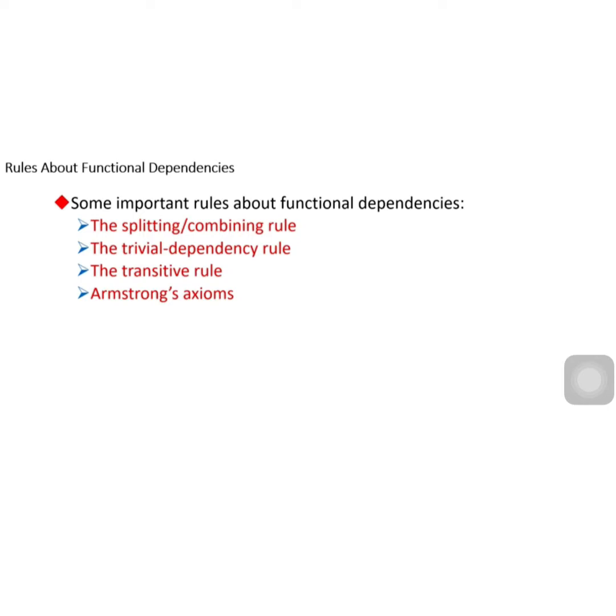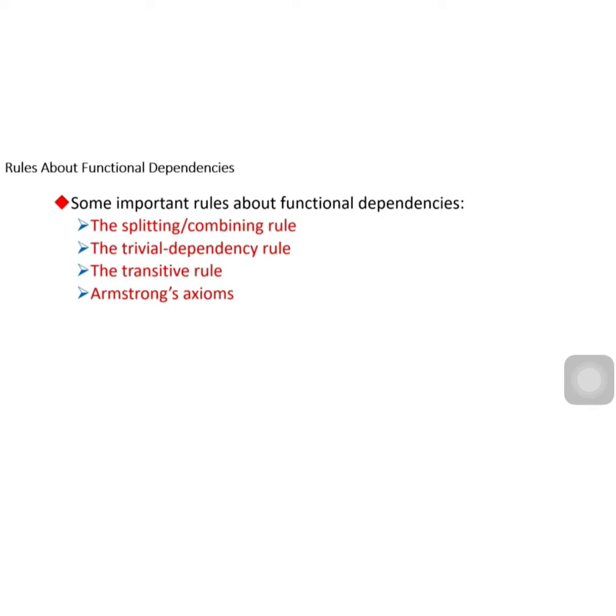And there are many ways to find the keys and the super keys. The easiest way is the closure. Closure is one of the rules about functional dependencies.